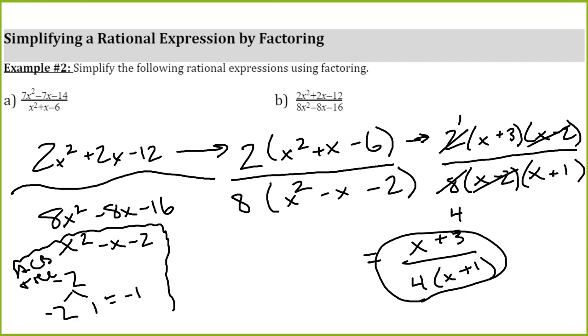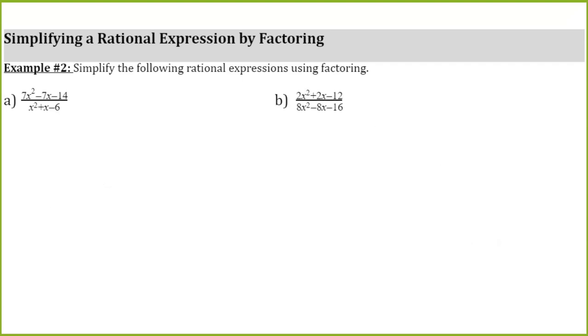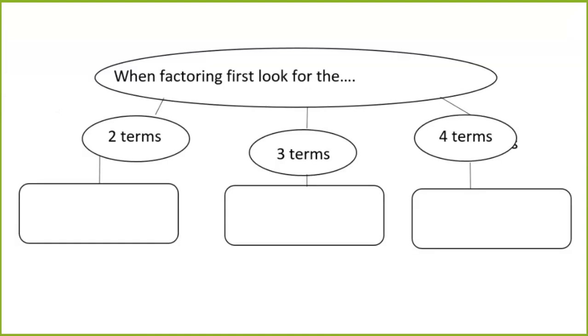All right, I will go ahead and move on to talking about the different methods of factoring and which ones you will be responsible for in this lesson. Pause the video and look at it again if you need to. Okay, so here we have the three different factoring methods based on the number of terms in your polynomial.